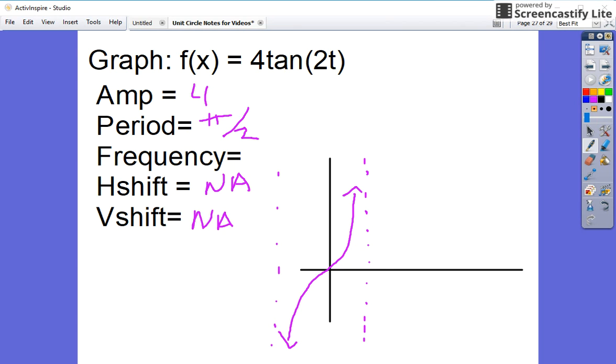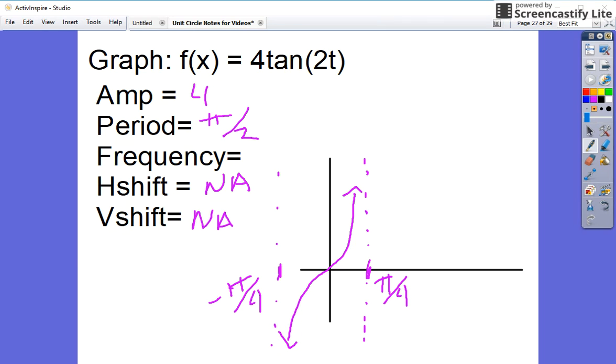And the distance from here to here, we'll call this A to B. Distance from A to B is pi over 2, right? So if I wanted to mark these locations, this would be pi over 4. This would be negative pi over 4, okay?